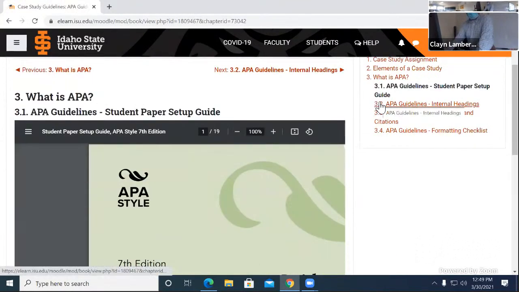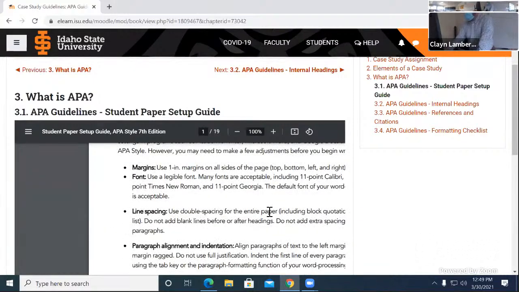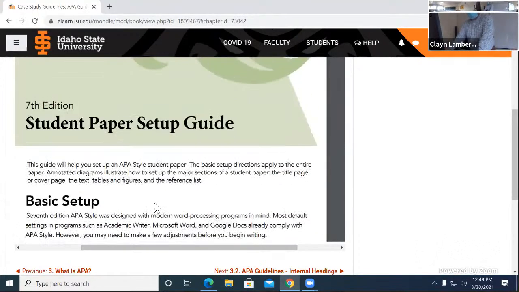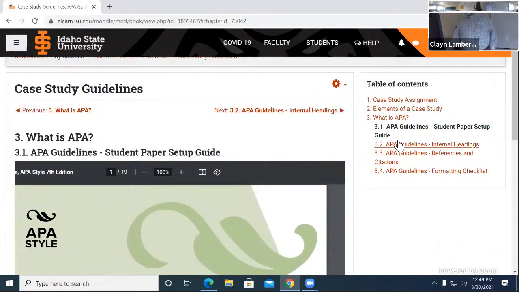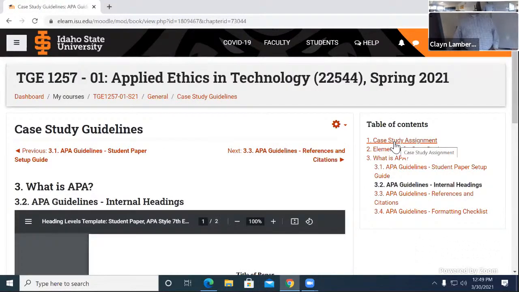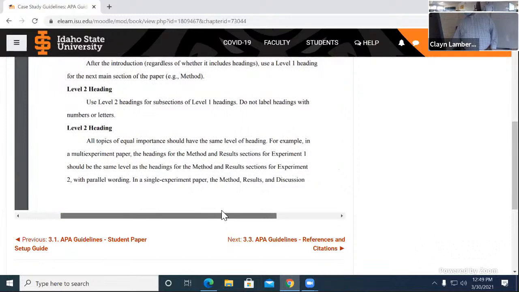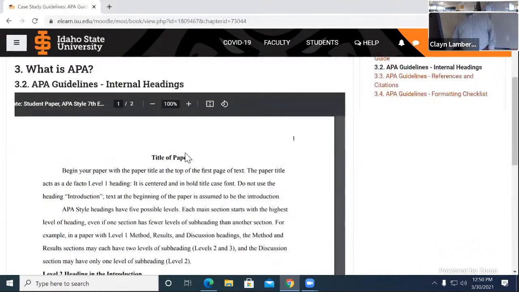These next 4 documents are guides for APA setup. So if you're not clear about how to use APA, that's why I included this. This is an explanation of everything that should appear in a student paper according to APA. One of the things you're going to find that's a little different in APA, and it's going to be really useful for this paper, are what we call internal headings.